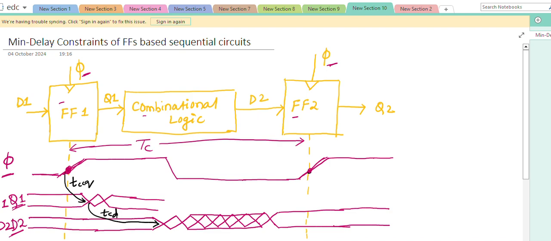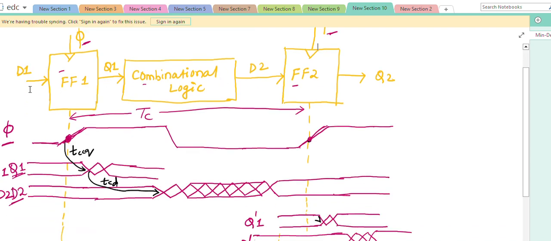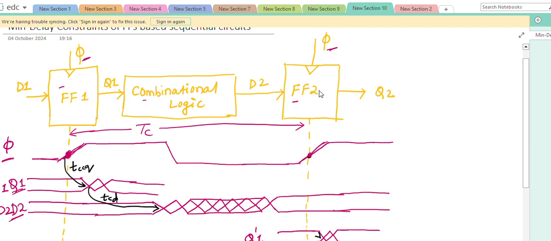That means when flip-flop 1 is active, flip-flop 2 is active at the same time. Flip-flop 1's job is to transfer the D1 data to the output Q1. Flip-flop 2's job, when the active edge comes, is to transfer the data D2 to the output Q2.